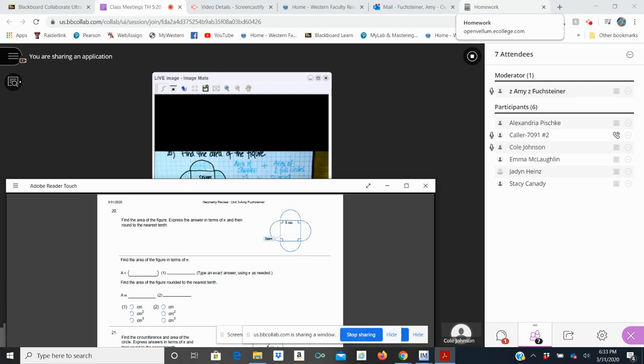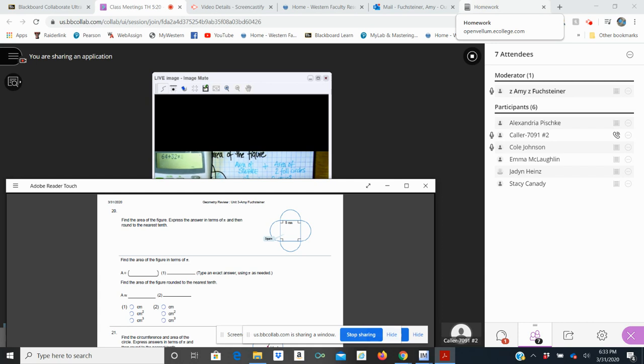Remember, for the exact answer, you don't multiply through by pi. You just leave it as 64 plus 32 pi. If I have to round this to the nearest tenth, which I believe is what it is, we're going to do 64 plus 32 times pi.